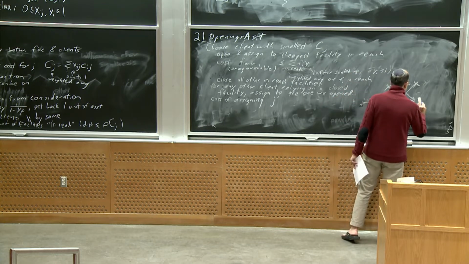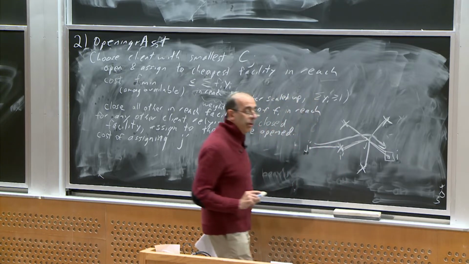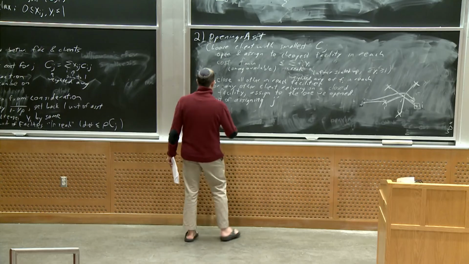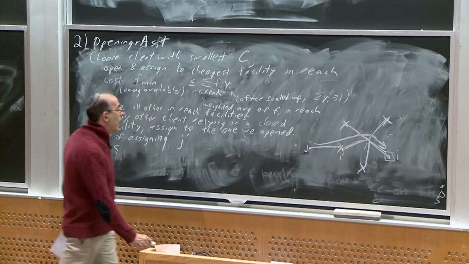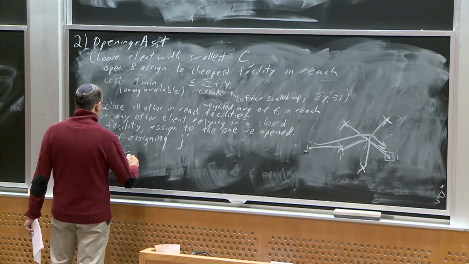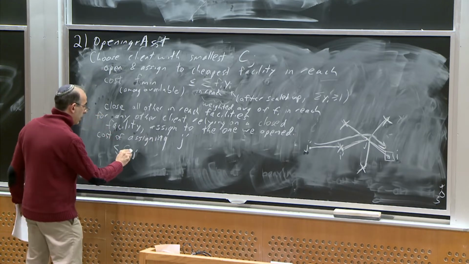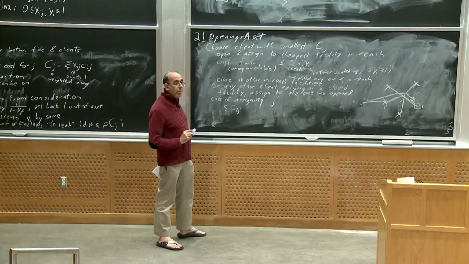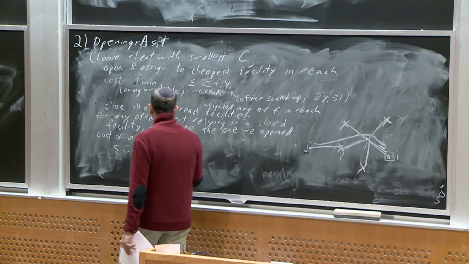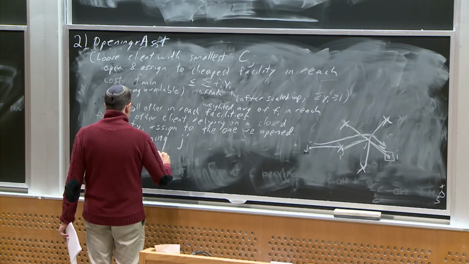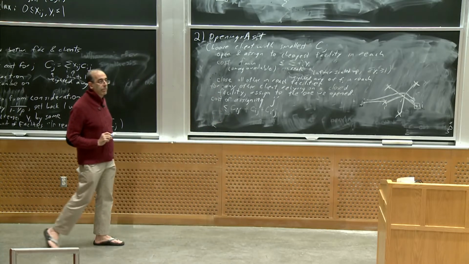Exactly. So if I call this facility that I opened I, and here's this facility that I closed, I prime, the cost of assigning J prime to facility I is at most the cost of assigning J prime to its preferred facility, C I prime J prime, plus these other two costs, which involve assigning J either to facility I or to facility I prime.